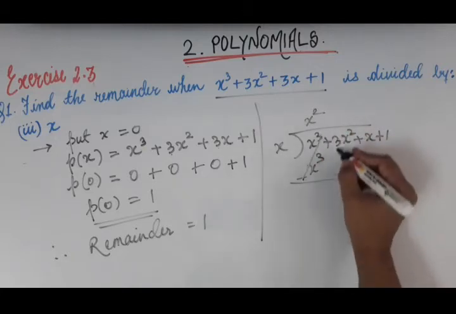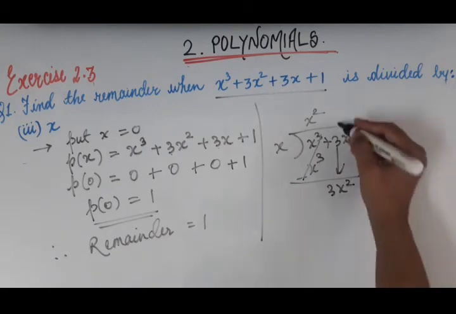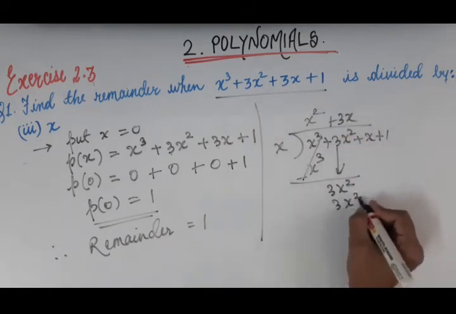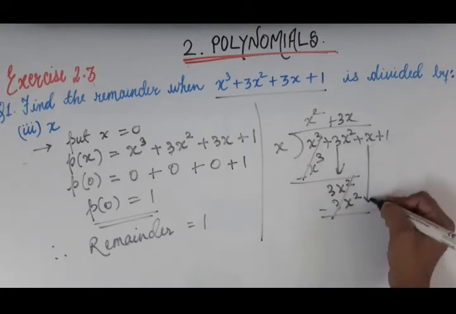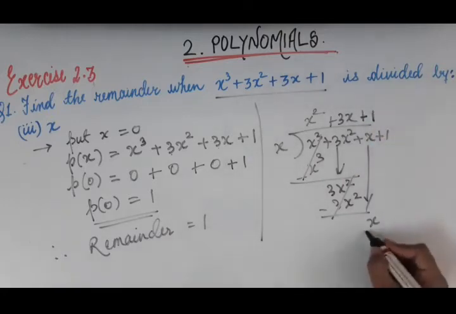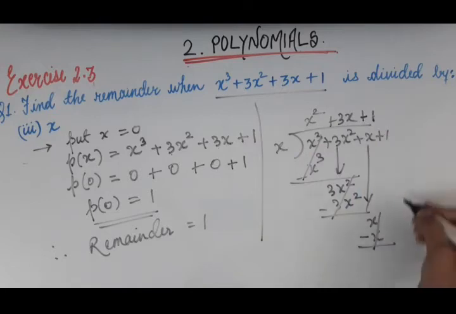Sign change, subtract 3x square. So I have to multiply it now by 3x. So I'll get 3x square. Again cancel. Take the third term down now. x, I have to multiply with 1. So I'll get x into 1, x. Again change. Take the third term down, 1.